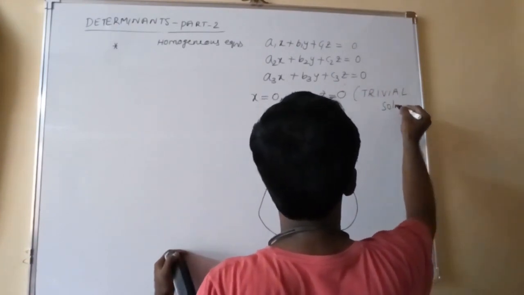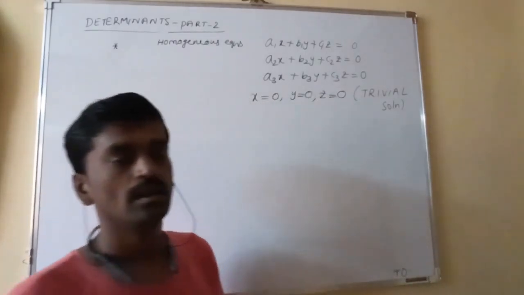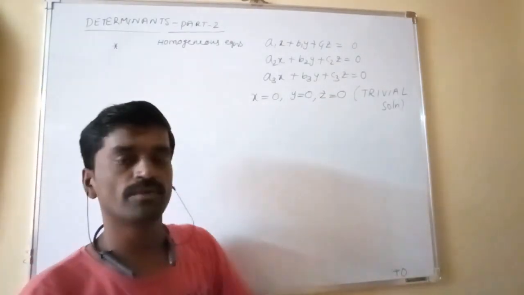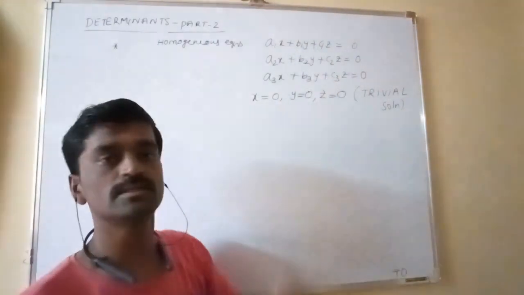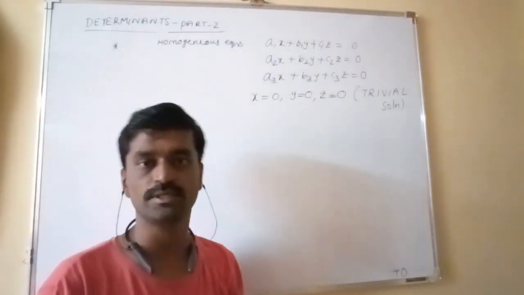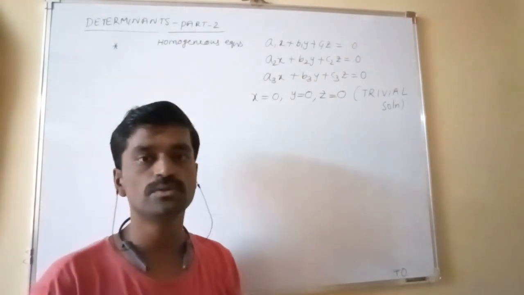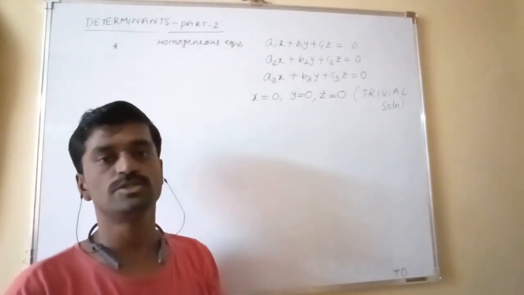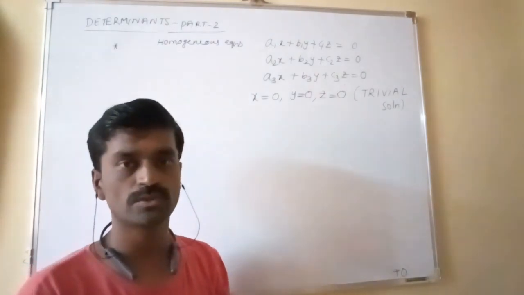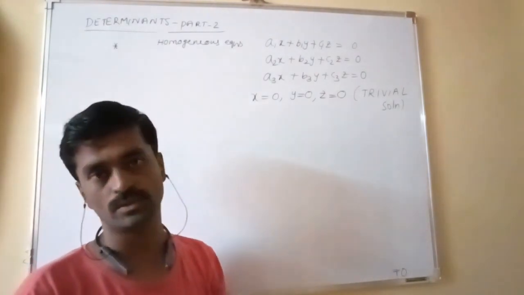So other than these values of x, y, z, if any other x, y, z values satisfy this system of equations simultaneously, that solution is called a non-trivial solution or non-zero solution.